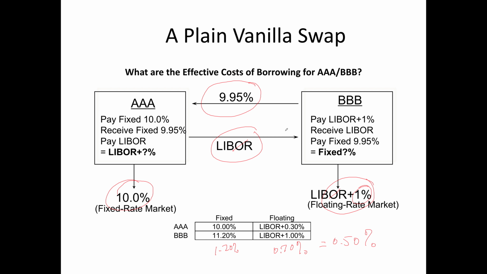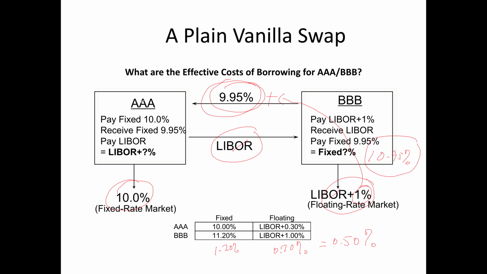Now, they also have the swap deal obligating them to pay AAA 9.95. So adding the 1%, the effective fixed rate is 9.95 plus 1, equal to 10.95%.